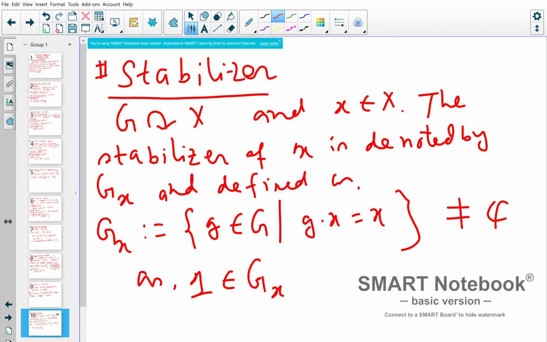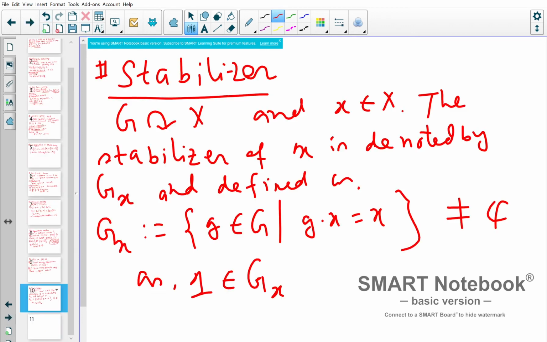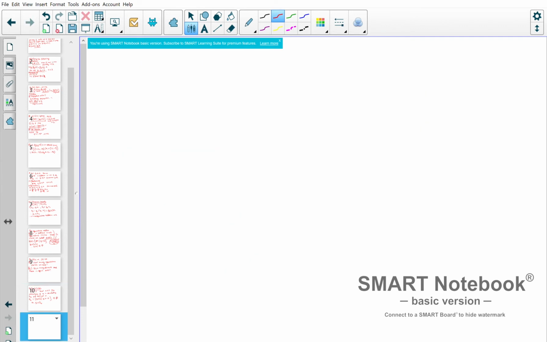You choose an element, and you define the stabilizer of that element by the elements of G which fix that same element. The stabilizer is always non-empty because identity always belongs to the stabilizer of any element. Now let's come back to the question of how many such elements are there in any orbit.